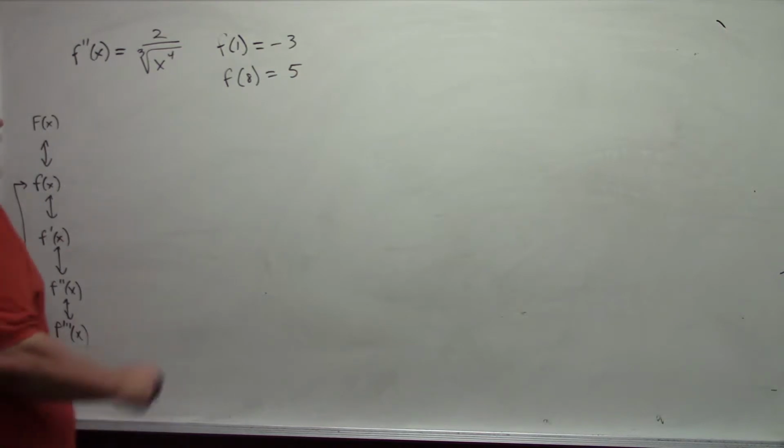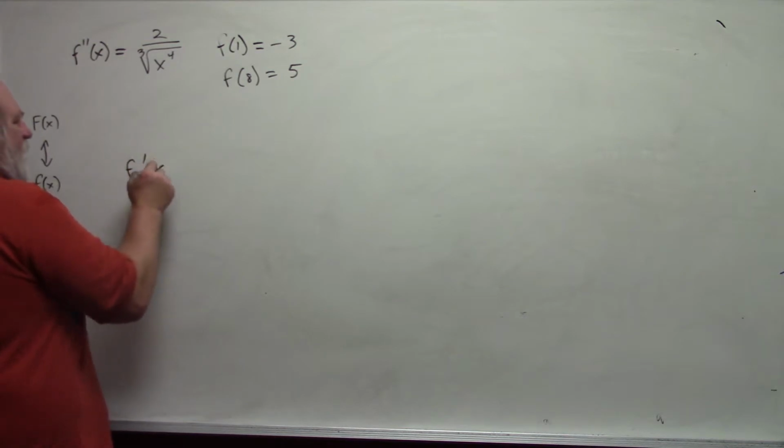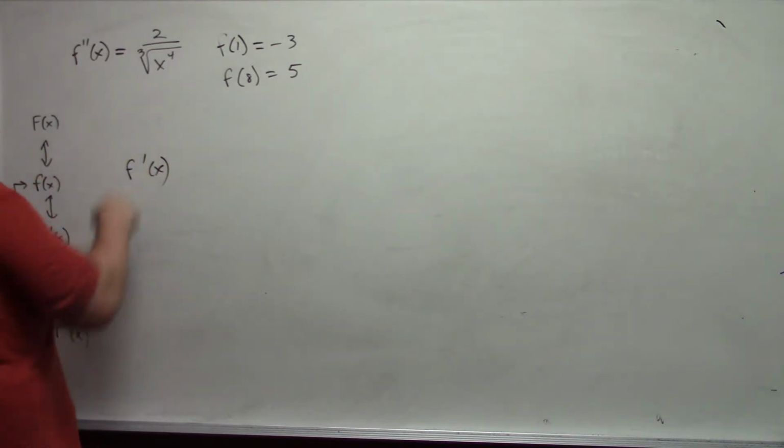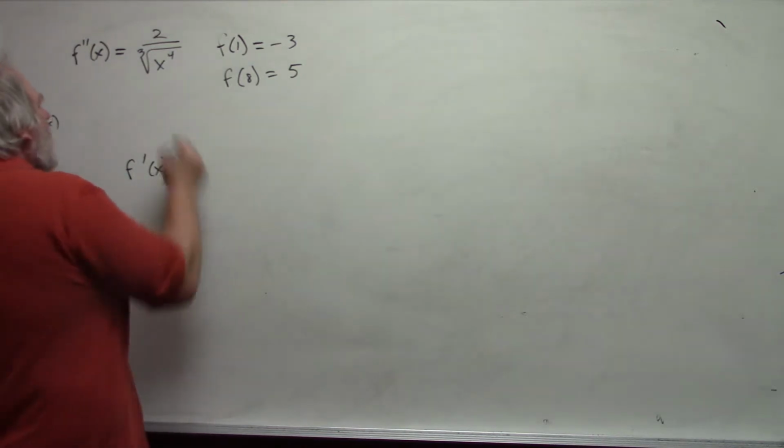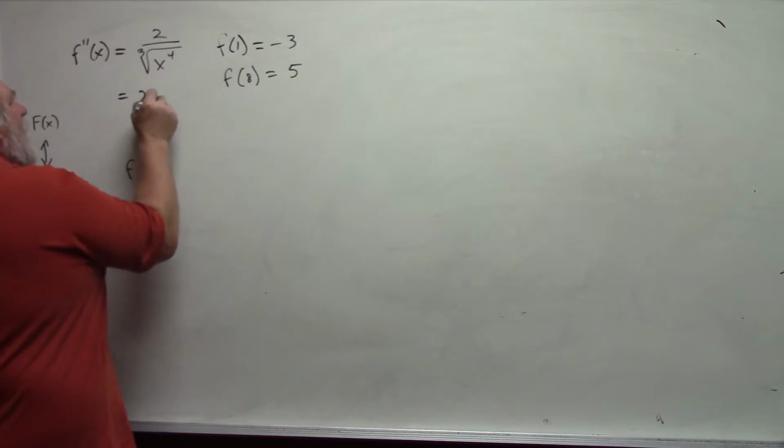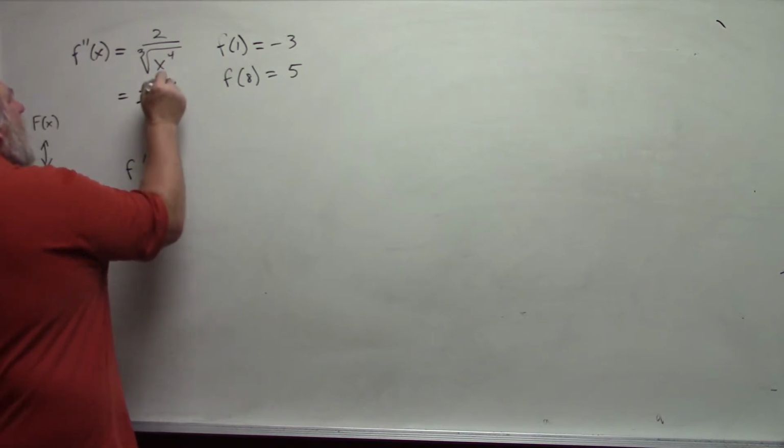So f prime of x would be the antiderivative of f double prime. We're going up, antiderivatives. And let me rewrite this. This is 2x to the -4/3.